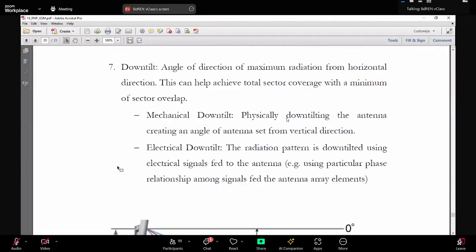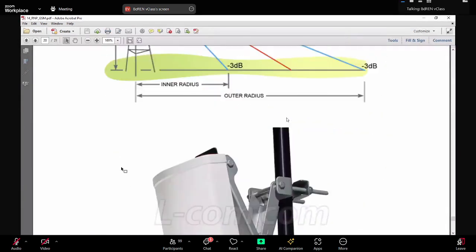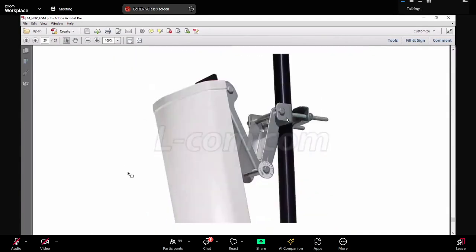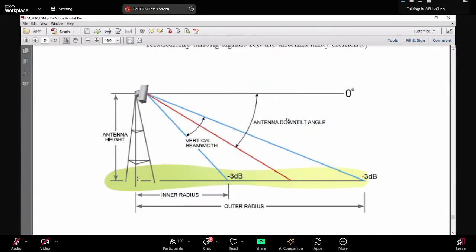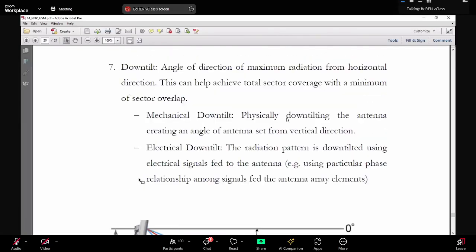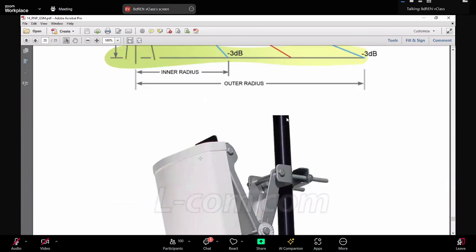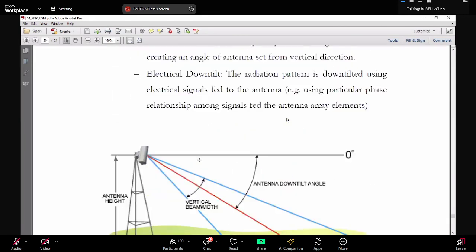The change may occur either with mechanical control or electrical control. By mechanical control I mean the hinge changes its angle as you send a command. So there is a mechanical rotation here to adjust the angle of down tilt.